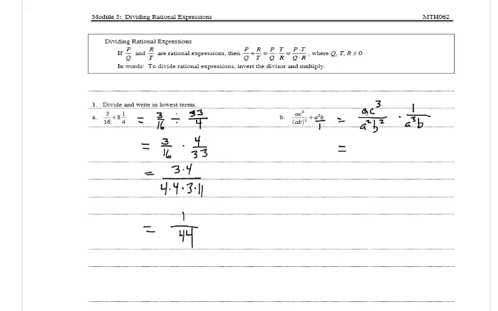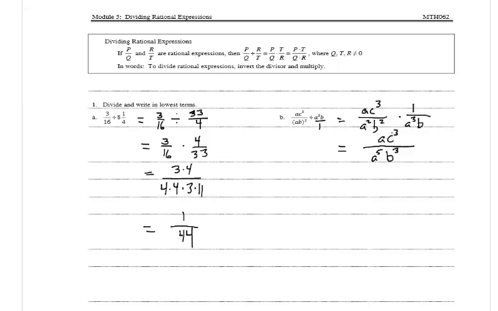So now we want to write this all as one fraction and combine our like factors. So in the numerator, we don't have any like factors, so we have a c cubed divided by, and in the denominator, we have an a squared and an a cubed, and when we multiply, we add the exponents, so we have a to the 5th, and we have b squared and b, so we have b cubed.